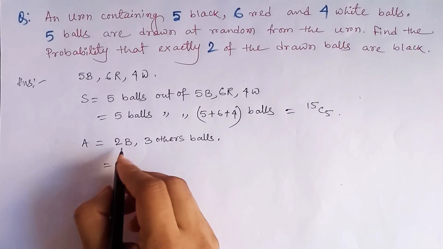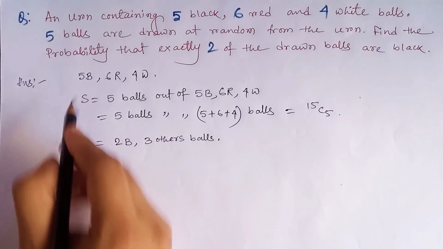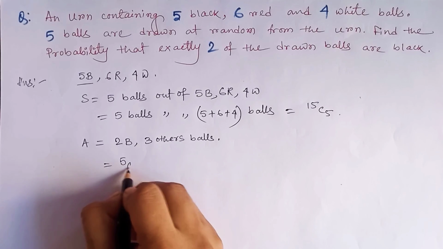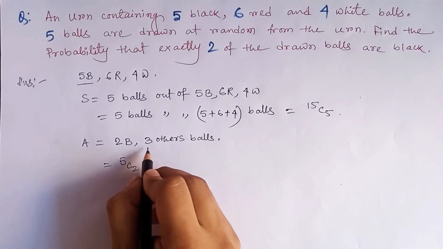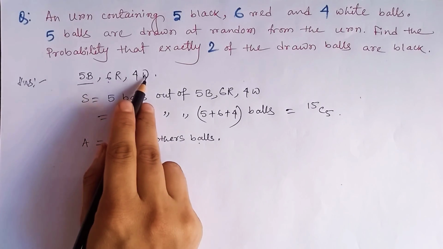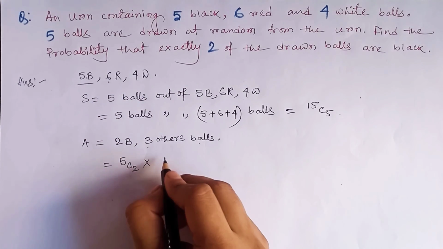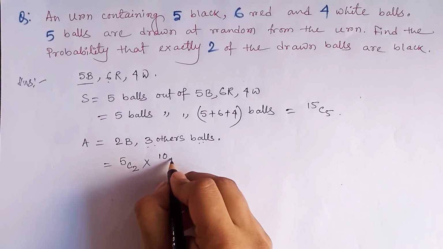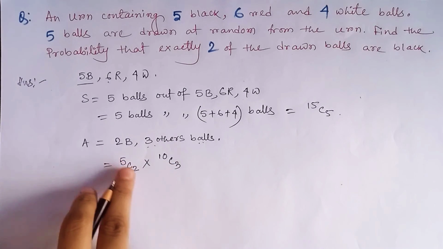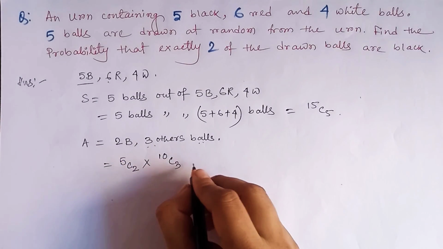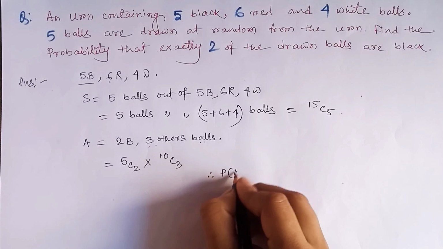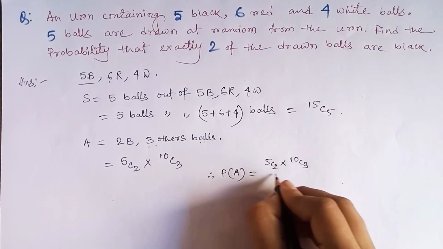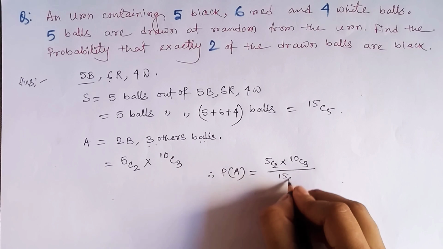If we are selecting 2 black balls out of 5 black balls, we can select them in 5C2 ways, and 3 other balls out of 6 and 4, that means 10 other balls, we can select 3 balls in 10C3 ways. So 5C2 into 10C3. Therefore, the probability of A is equal to 5C2 into 10C3 whole divided by 15C5.